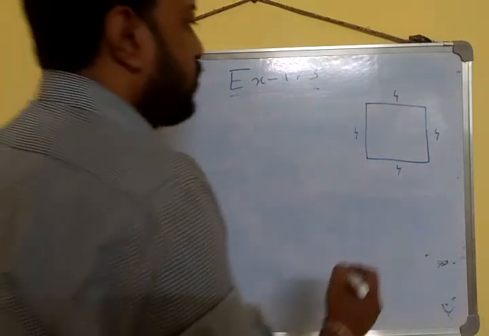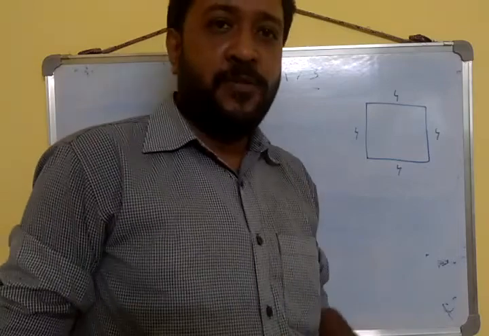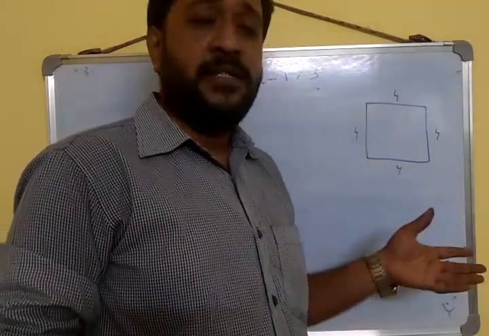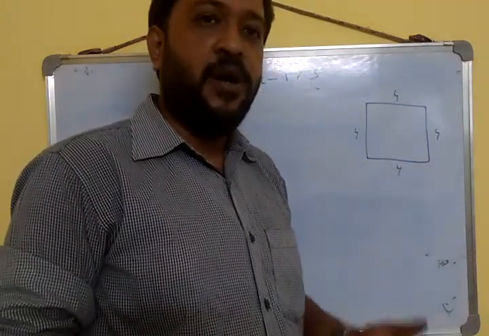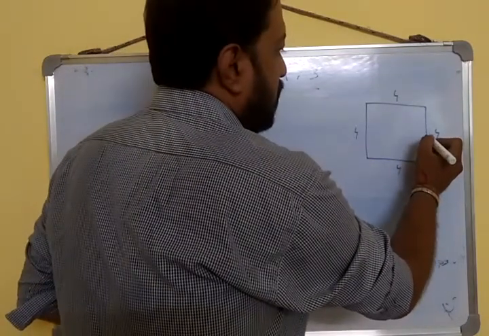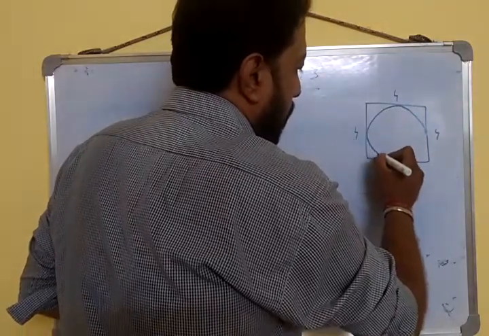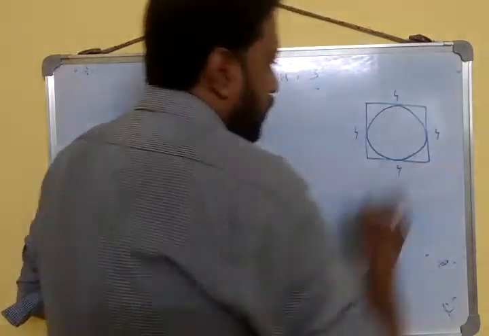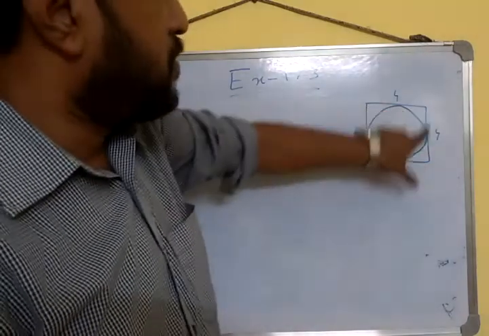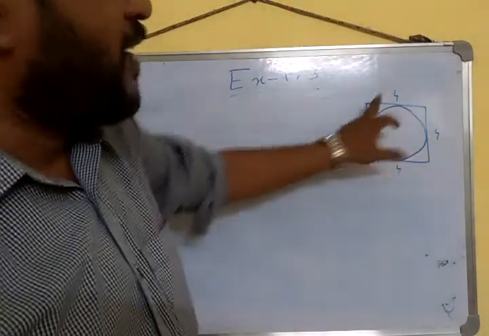Now if I draw the sphere inside, what are they saying? That the sphere is touching all sides of the cube. So I drew the sphere here. I can see there are gaps. So actually we are going to find out the volume of the gaps.